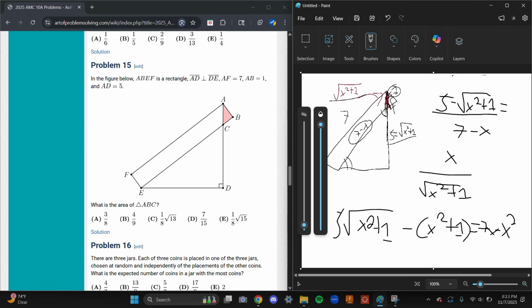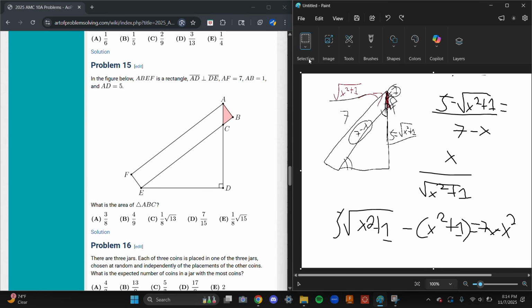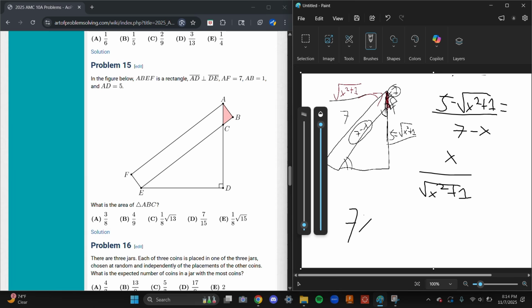So now the x squareds here are going to cancel out very conveniently. So then we're going to be left with 7x plus 1 on this side. So 7x plus 1 equals 5 square root of x squared plus 1.